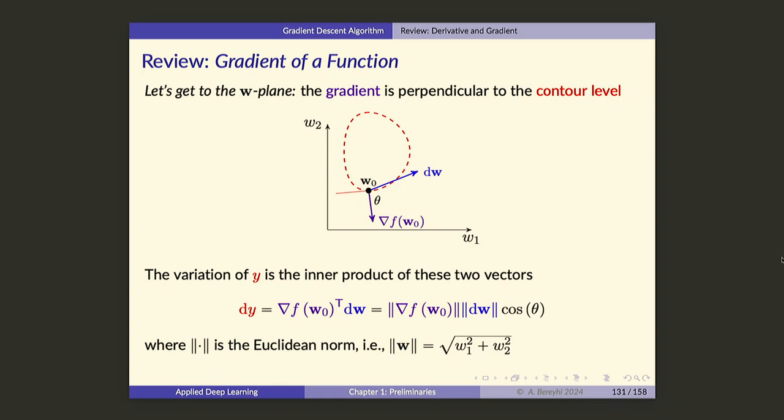And then when you say that my vector dw is in that direction, it means that you have a change here. This is what you call dw01, so the first entry of your change. And this is the change in this direction, right? This is dw02. Yeah? So this is the amount of move you have on this axis. This is the amount of move you have on this axis, right? Yeah.